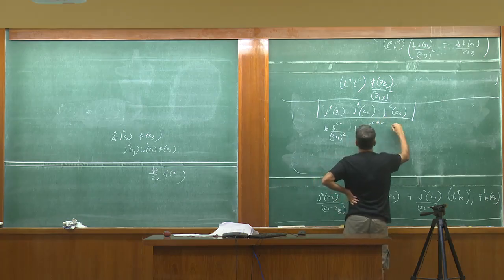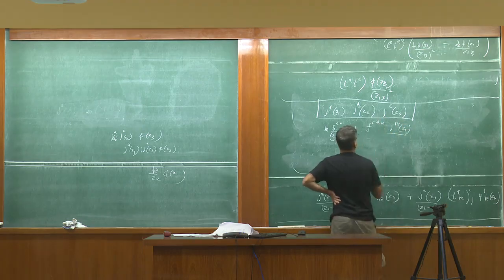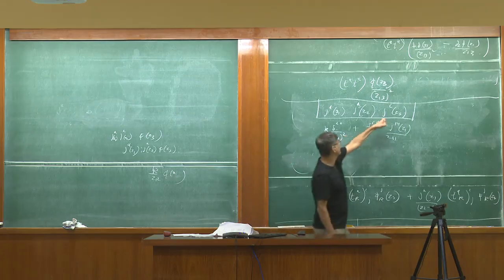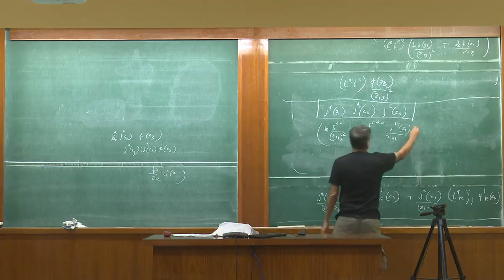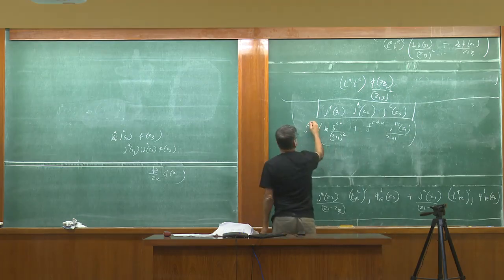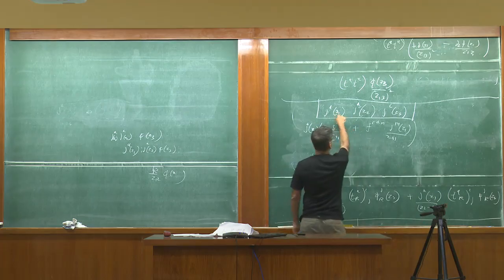FCAM JM of Z1 by Z31. Right, that was the term when I took this to this. And the whole thing is multiplying JA of Z2. I took 3 to 1.